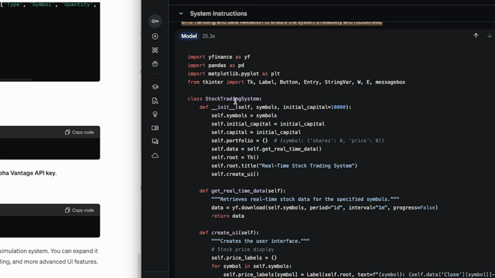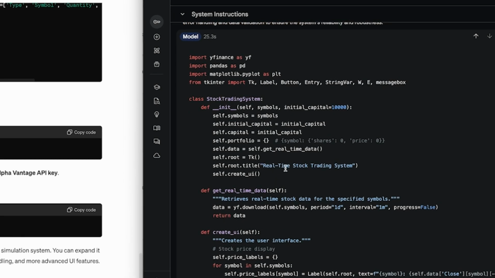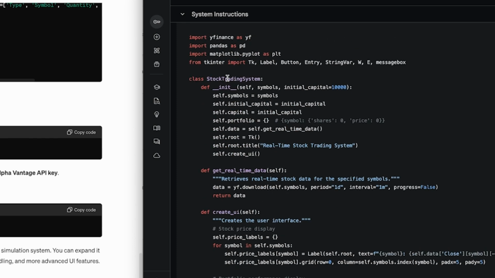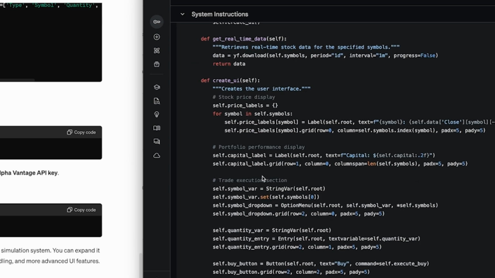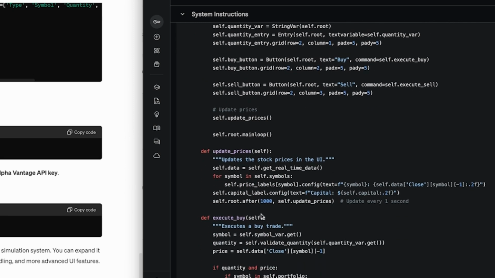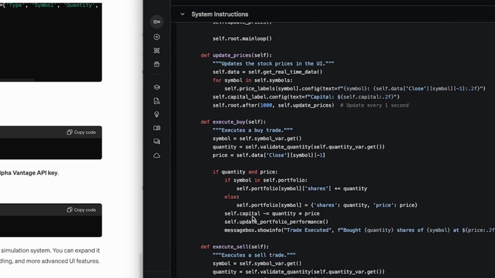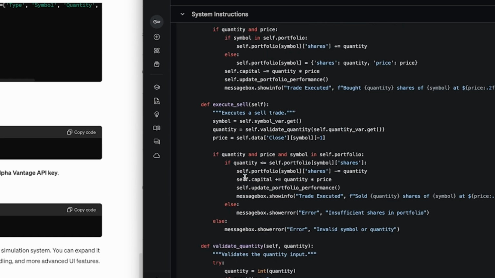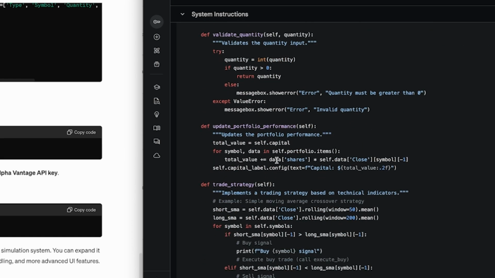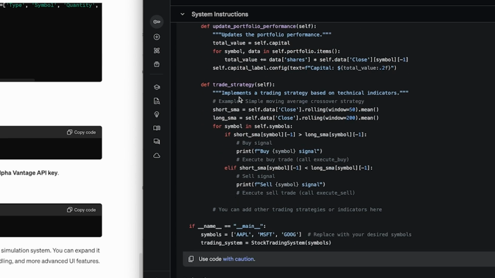It started building a stock trading system class, and within that class there are a bunch of functions like initialization, getting the real-time data, and create UI. This is also very well organized. Update prices, execute buy, execute sell, interesting, validate quantities, update portfolio performance, nice, and trade strategies.